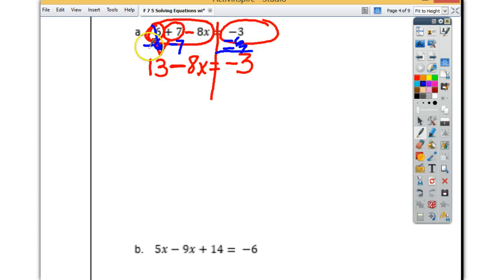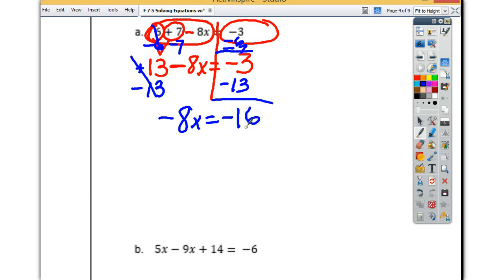But it's easier to simplify, combine like terms, and then do our red rovering, or inverse. So, what's the opposite of a plus 13? Minus 13. Cancels out. A negative 8x equals, see what we get here? Negative 16.